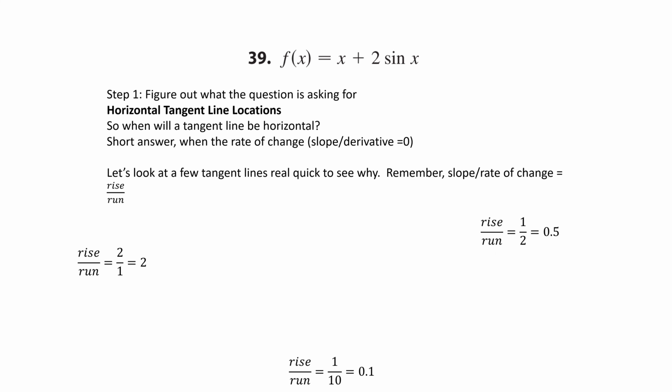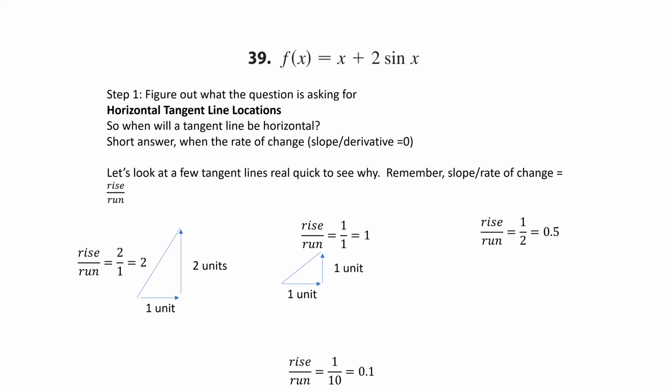And remember that slope is equal to rate of change, which is also the same as rise over run. With this first tangent line that we're looking at, for every 1 unit in the x direction, it's going up by 2 in the y. So we have a rise of 2 and a run of 1, and our slope is 2. With this next one, it's 1.